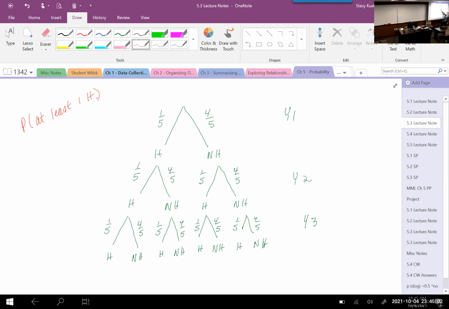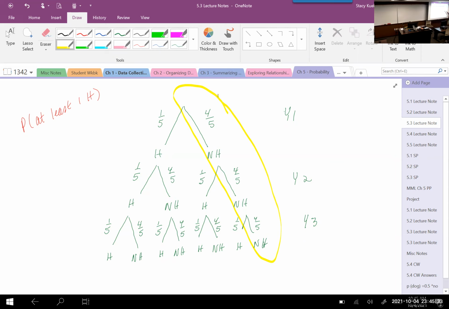So if I'm looking at this right here, if I have at least one hurricane that occurs, then this branch over here, let me highlight it, that I just circled represents the only branch that has no hurricane, right?